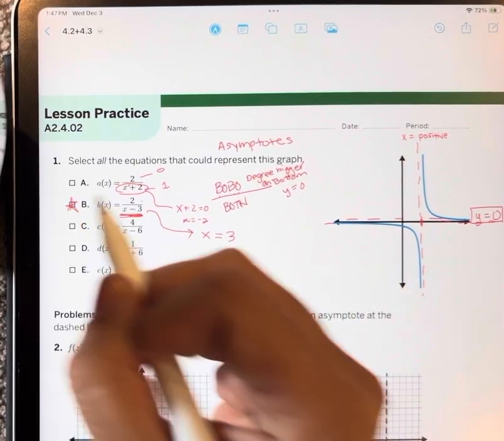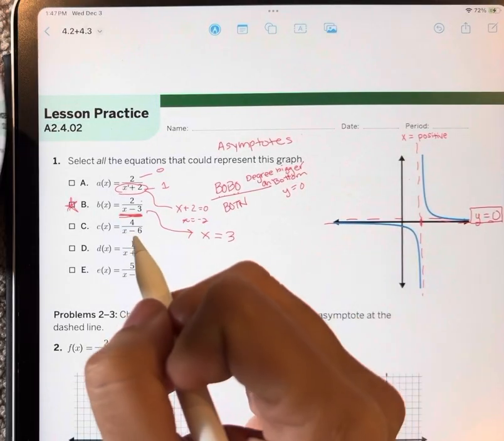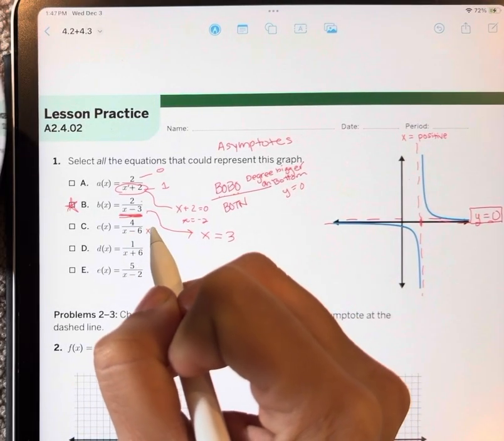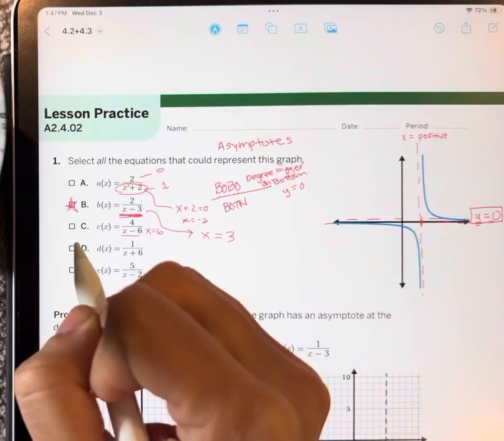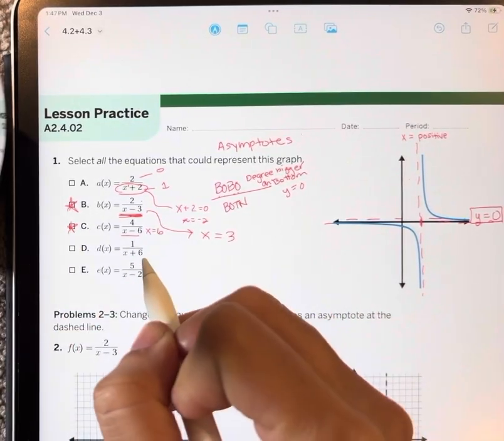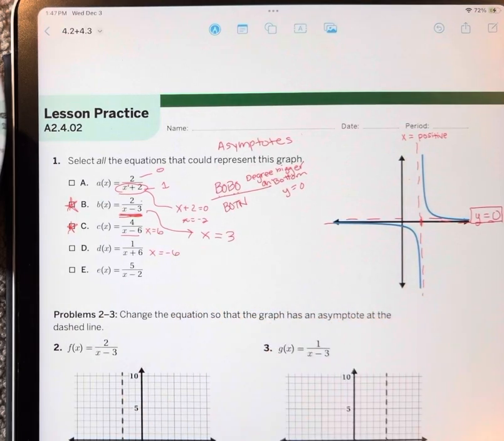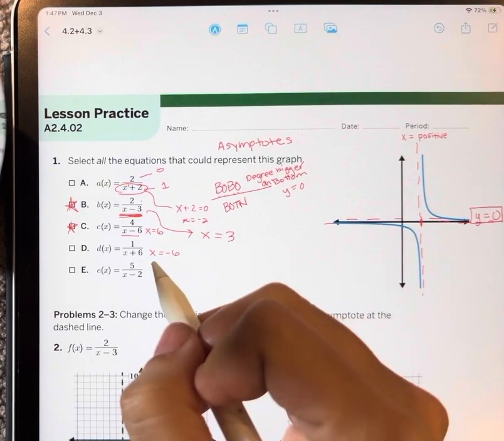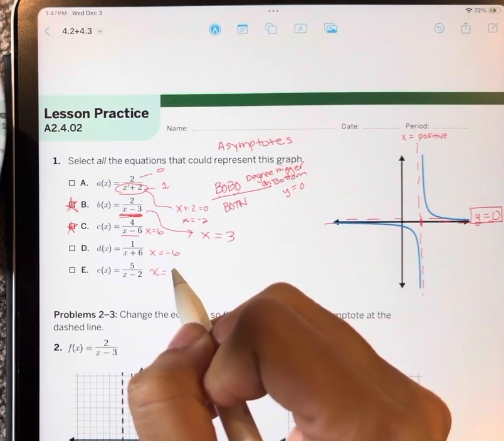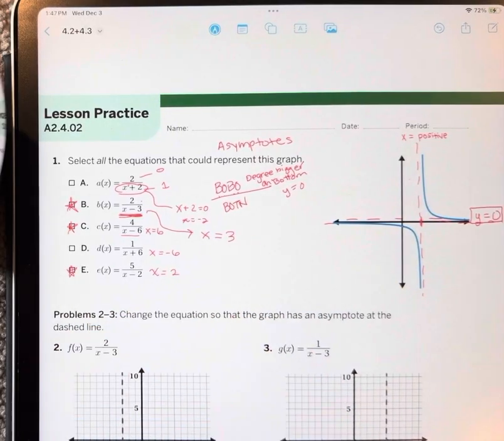This one is totally positive. That could be it. This one's vertical asymptote is at x equals 6 because that's what makes that 0. This one's is at x equals negative 6. So that one is not. And this guy has a vertical asymptote at x equals 2.